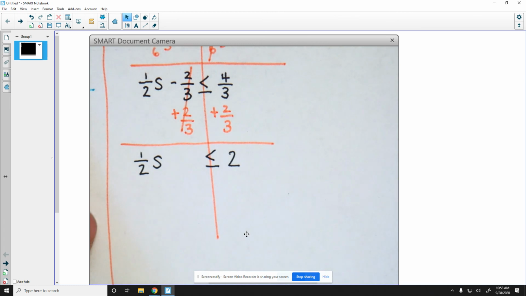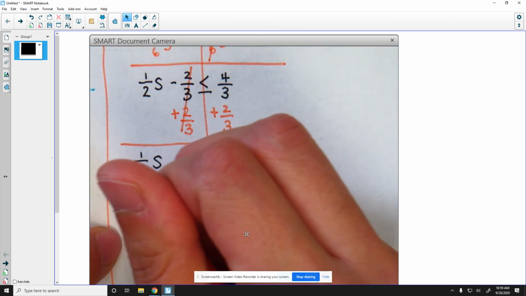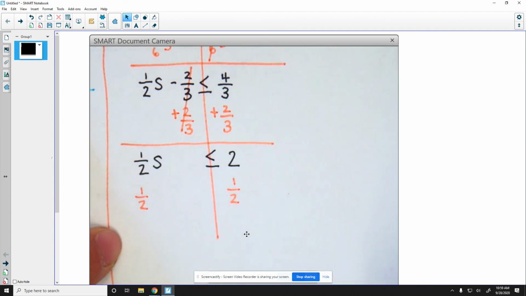Is he sleeping? Okay, Oliver, what number's on the same side as S? Oh my. 1/2. Thank you. Yes, 1/2 is still on the same side as S.